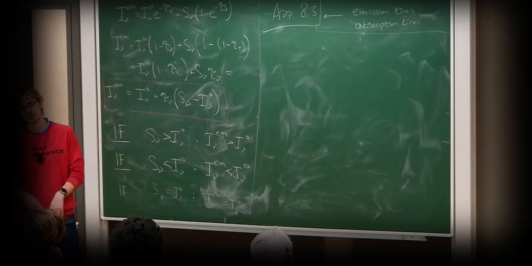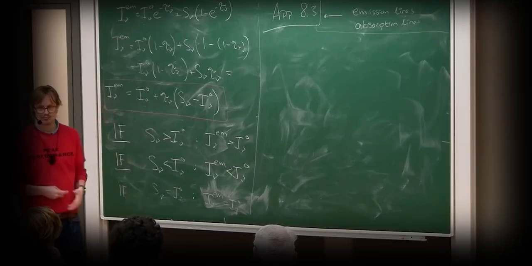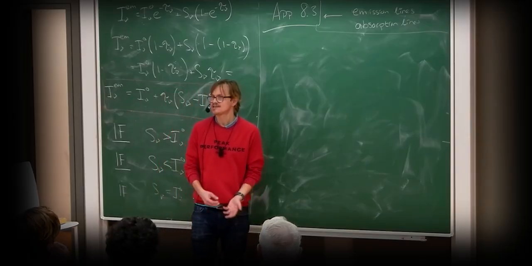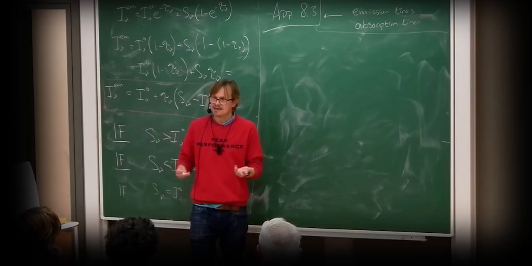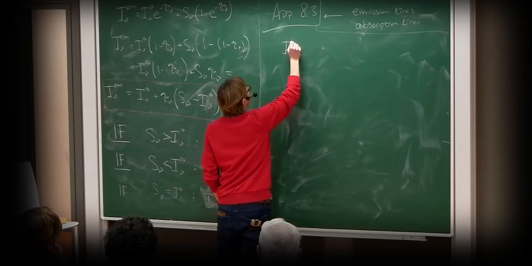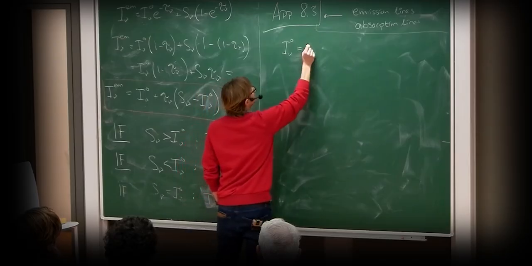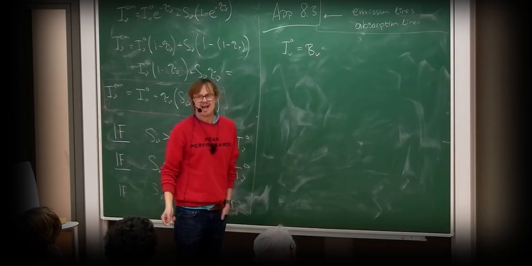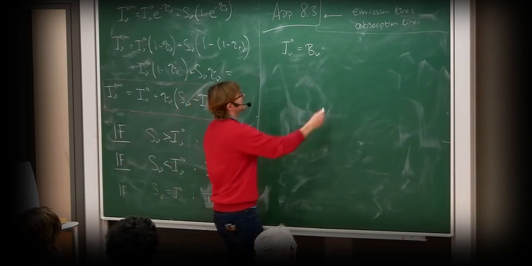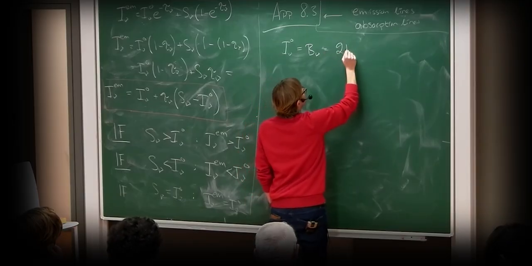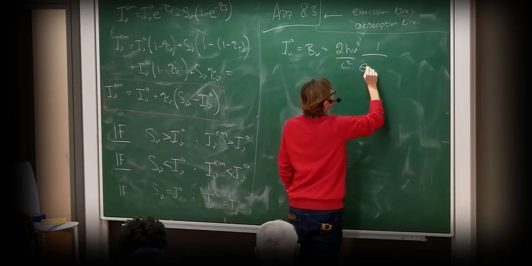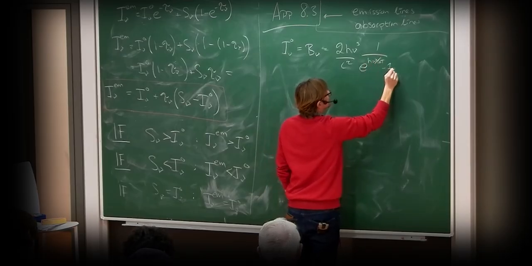We will come to more quantitative derivations of why this is the case. But for now, assume that the incoming intensity is indeed the Planck function. At some frequency we know the Planck function: 2hν³/c² times 1 over e^(hν/kT) minus 1.